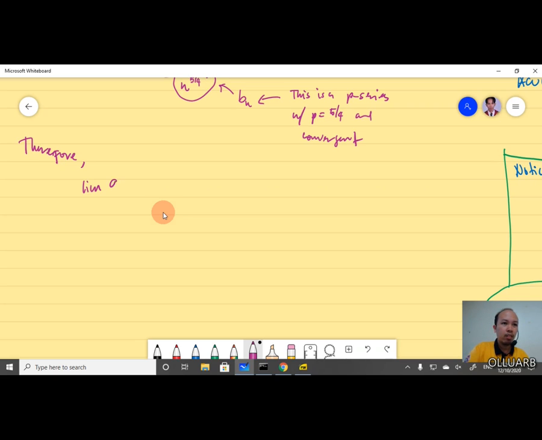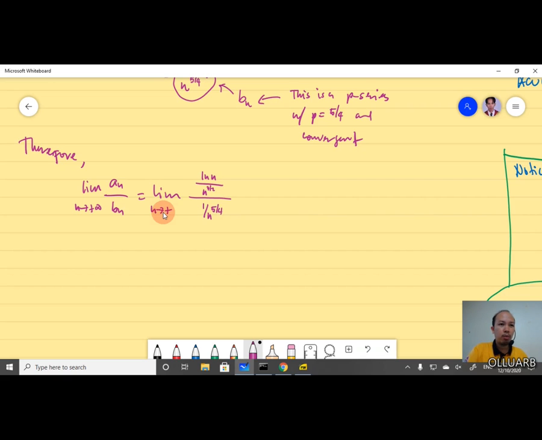Okay, the limit of a sub n over b sub n as n approaches positive infinity will become ln of n over n to the 3/2, over 1 over n to the 5/4.